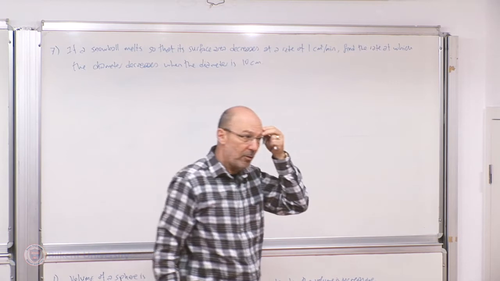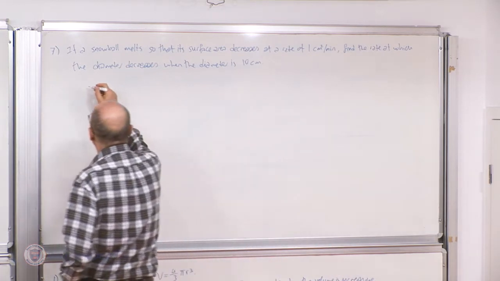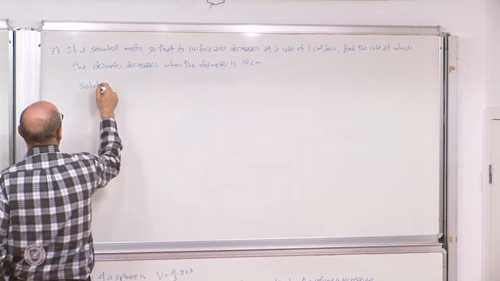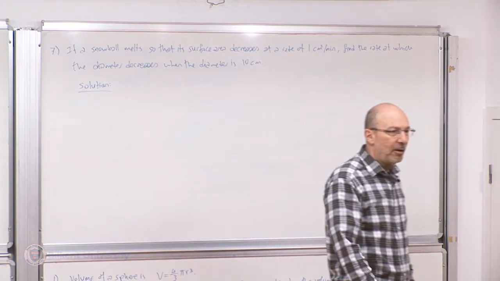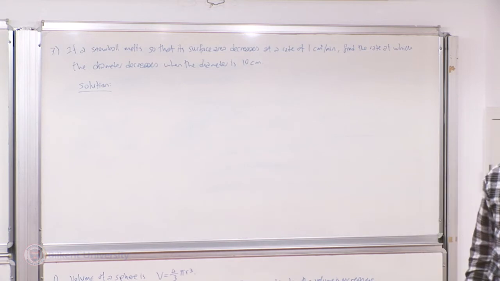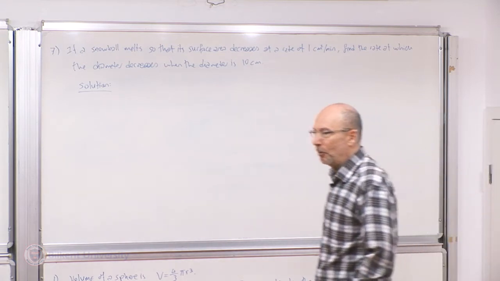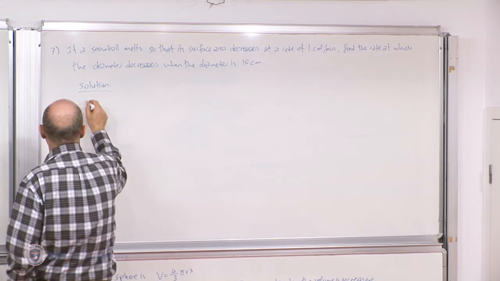Okay, so solution. You'll solve this, so don't look at me. What is the first thing? Well, we can draw a picture, but here the picture will not help because everything depends on time.